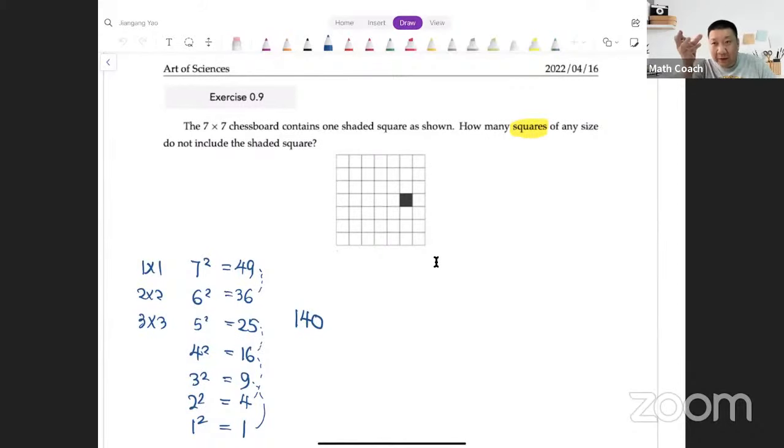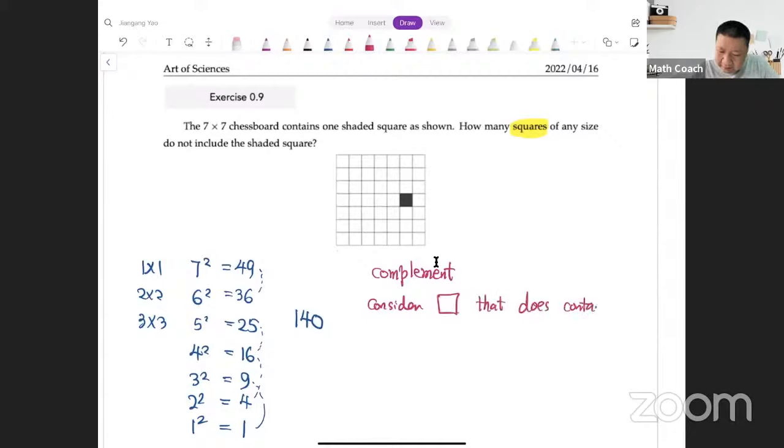Definitely, what we want to consider is the technique called the complement, right? Which means we consider squares that do contain these shaded squares.